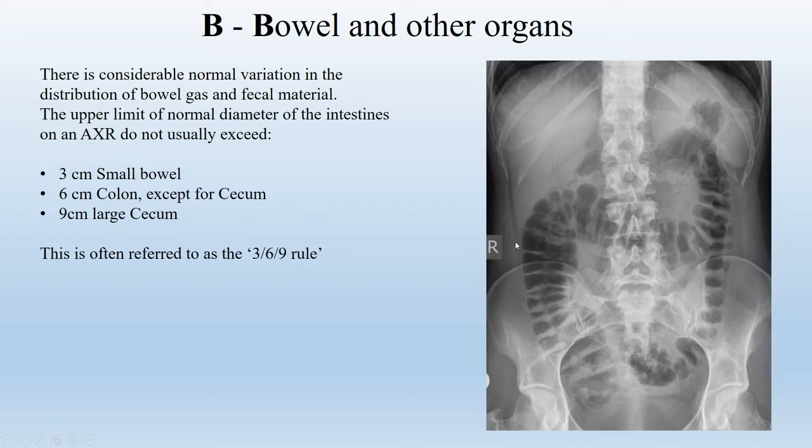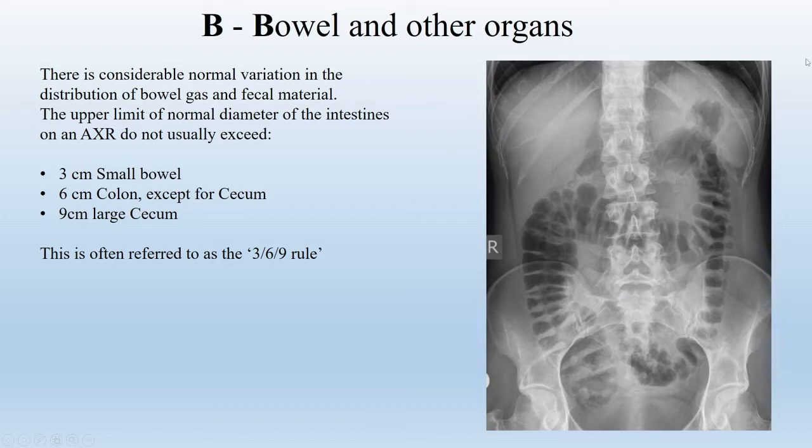It's easy to remember. So the normal width of the small bowel is 3 centimeters, for a colon, except the cecum, it's 6 centimeters, and the cecum is considered normal even if it reaches up to 9 centimeters.